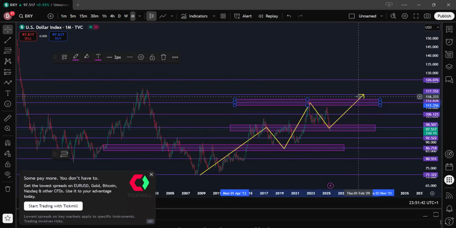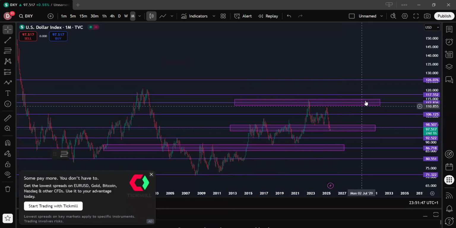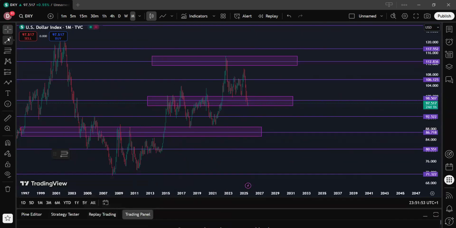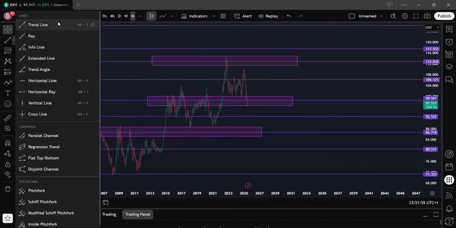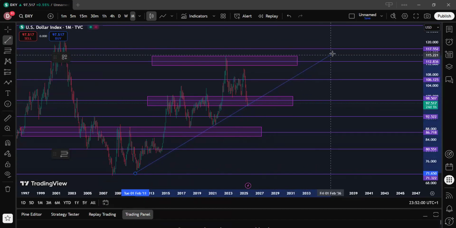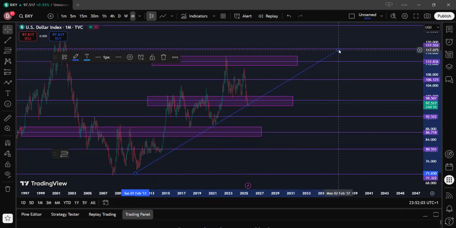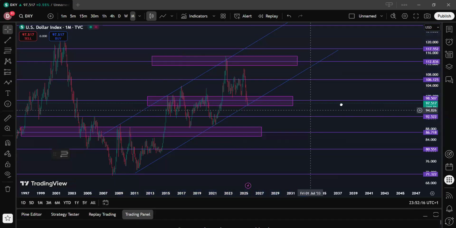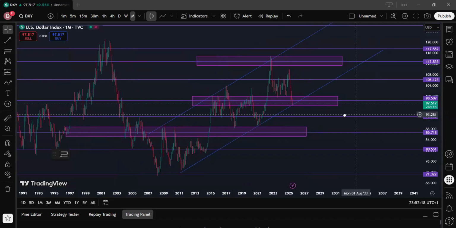So what I'm anticipating now, as I did say, is that we are in an uptrend, so we are going to be mapping out zones like these.